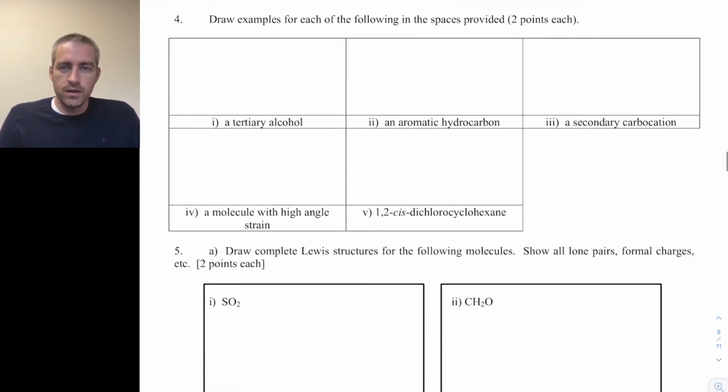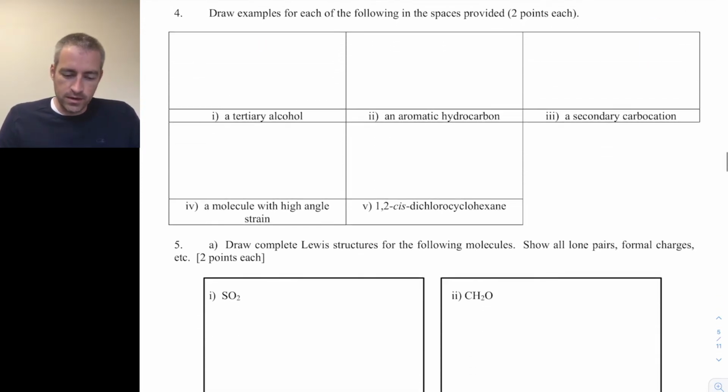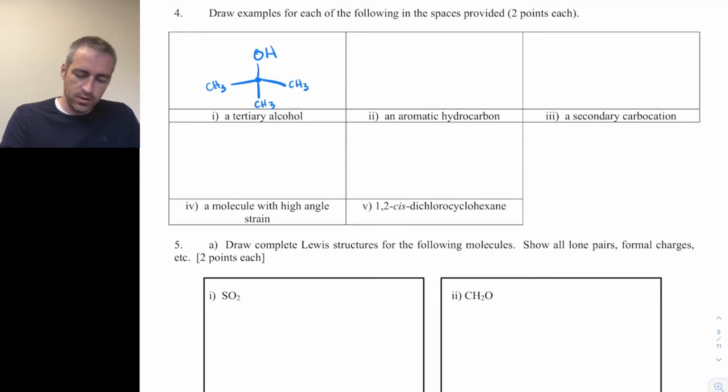Number 4, draw examples for each of the following provided. Tertiary alcohol. So it's a carbon with an OH, right? It's got an OH, but the carbon that has the oxygen must be bonded to 3 other carbons. This is just one example. This is maybe the simplest example, tertiary butanol.